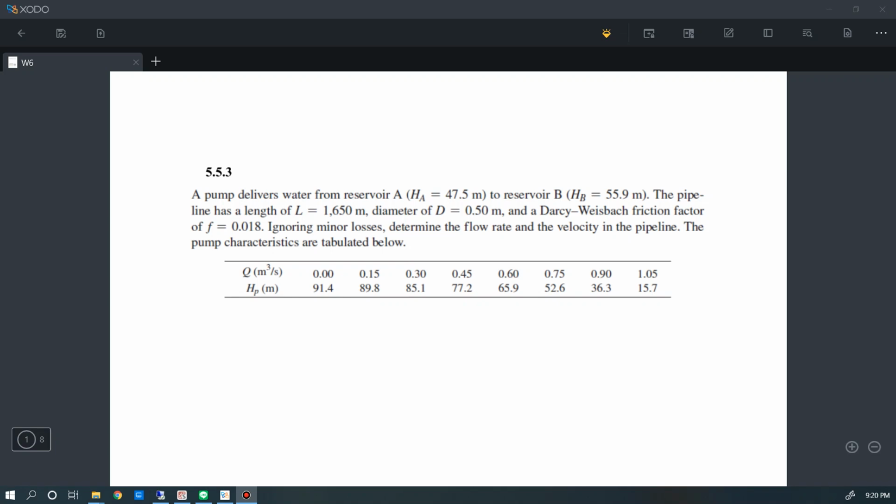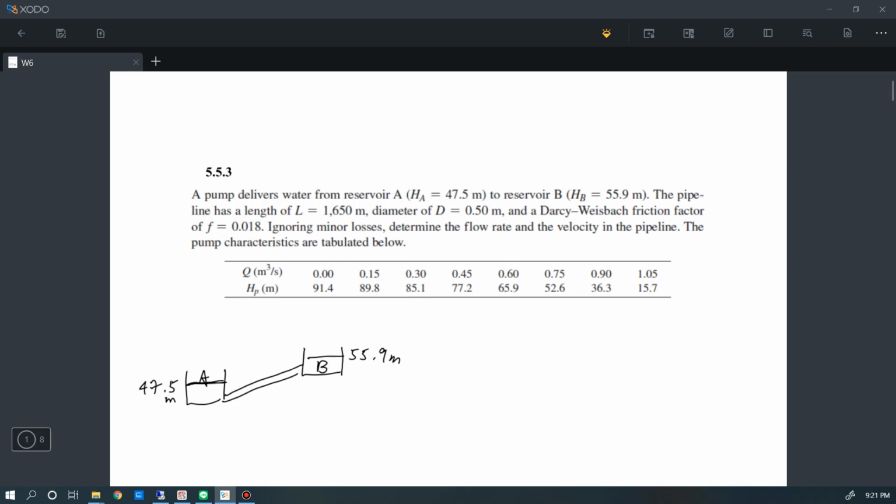So the problem asks that the pump tries to deliver water from reservoir A to reservoir B. The elevation of reservoir A is equal to 47.5 meters, and the elevation of reservoir B is equal to 55.9 meters.